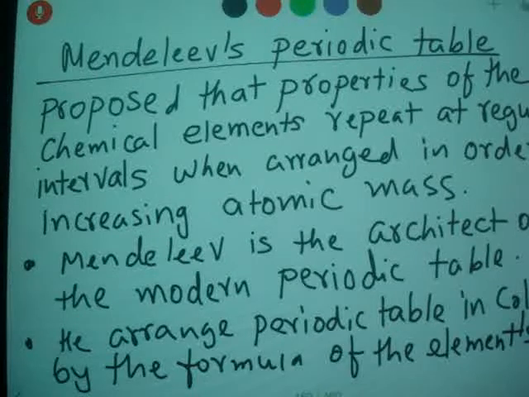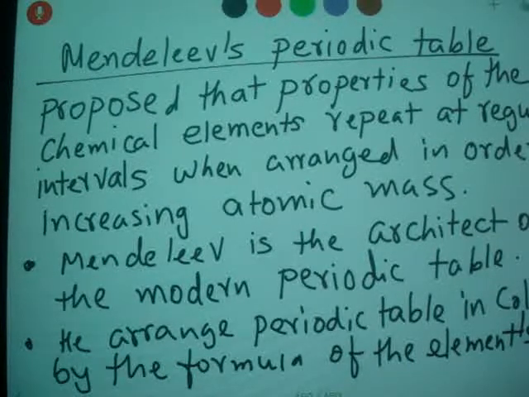So we'll see how we arrange elements. In group 1, he said it's LiOH, NaOH, Li2O. So we'll see how that formula oxide and how they form.